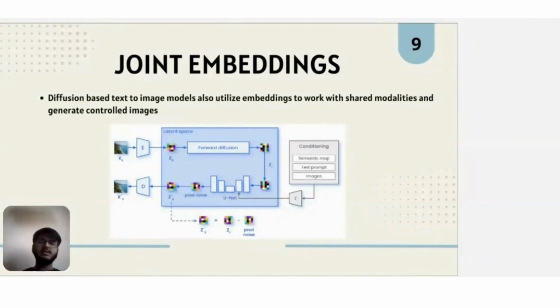And what it does is that it predicts the amount of noise that would have been added at a particular time step, and we basically remove that predicted noise, and whatever output we get is the denoised image, right? So the denoising happens over a certain number of time steps, 50 or 100, and whatever image we get finally is the completely denoised output image, and that is what we work with.